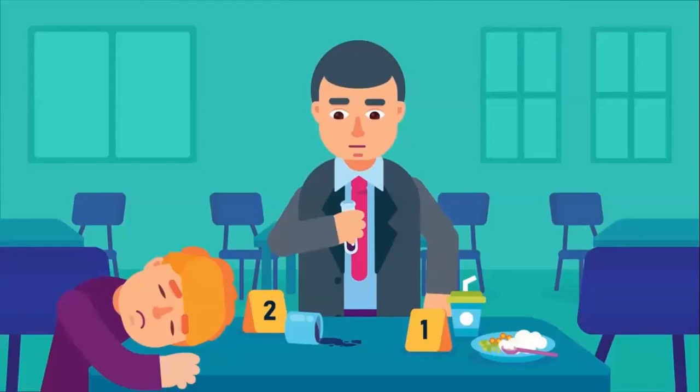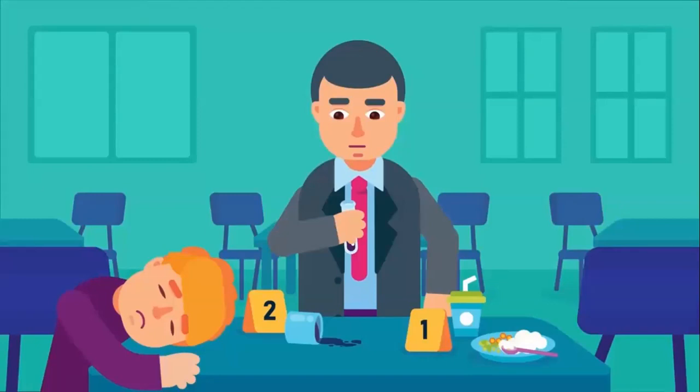Then if the death has been done by eating something, they check the food for the different constituents present inside the food and find out if there is poison or not. So that is all a part of analytical chemistry, to analyze a particular sample of what it is made up of and what are its constituents.